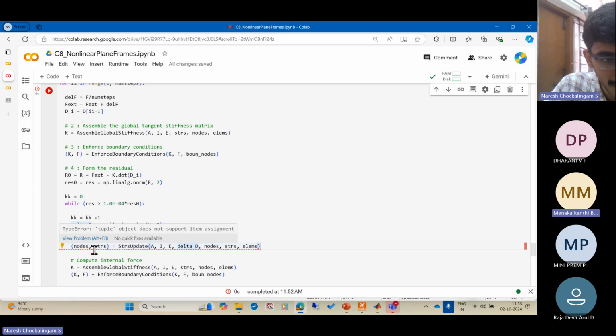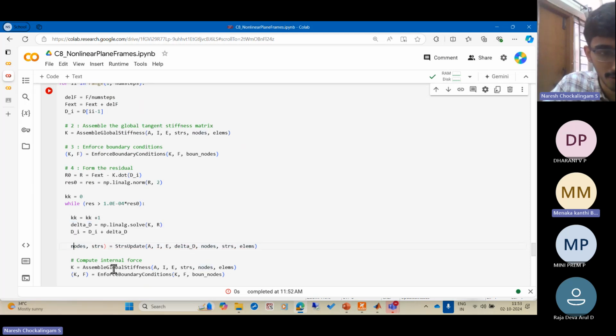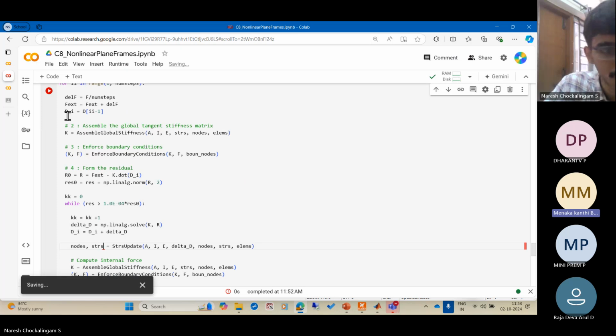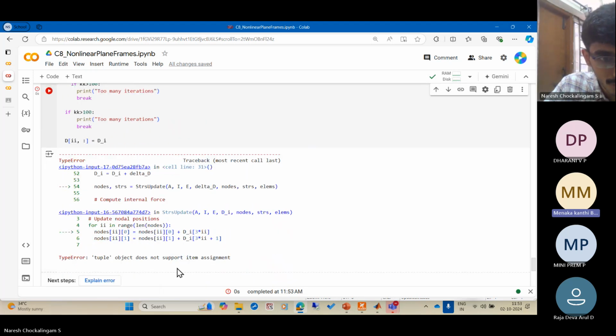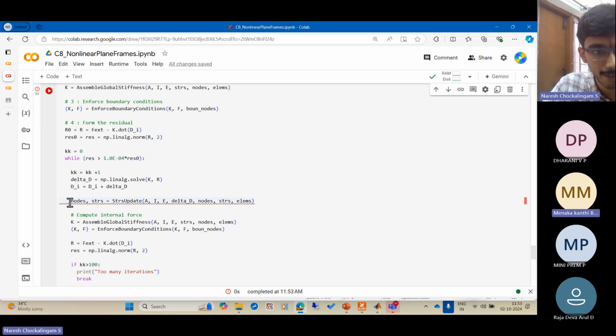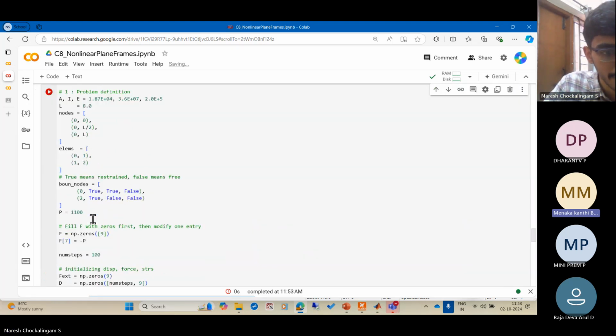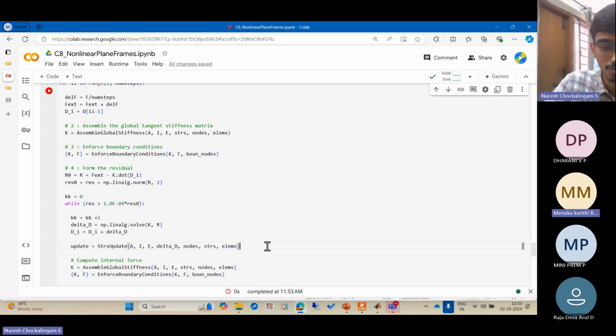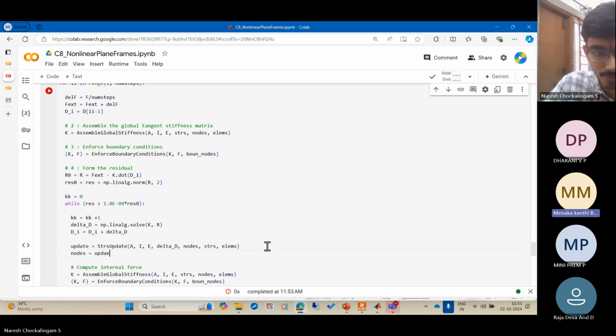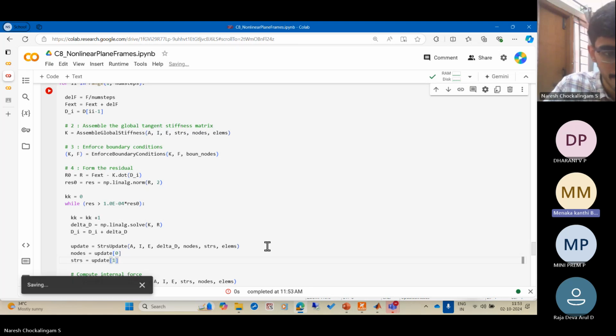No, the actual problem is we cannot assign to this. Okay, then I'll do this. This will work. Okay, so I have to do it the hard way. Let us call it update is equal to this, and nodes is equal to... yeah.